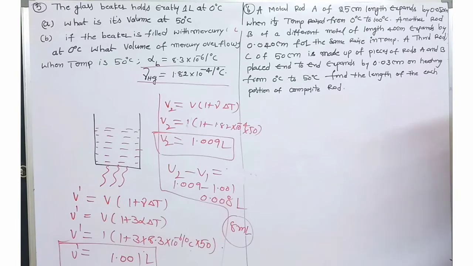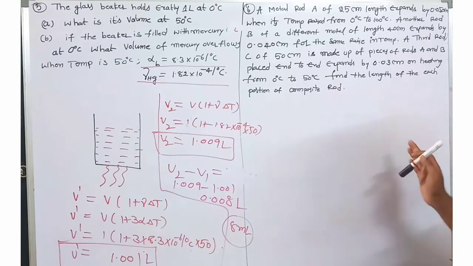A third rod C of 50 centimeters length is made up of pieces of rods A and B placed end to end, and expands by 0.03 centimeters on heating from 0 degrees Celsius to 50 degrees Celsius. Find the length of each portion of the composite rod.